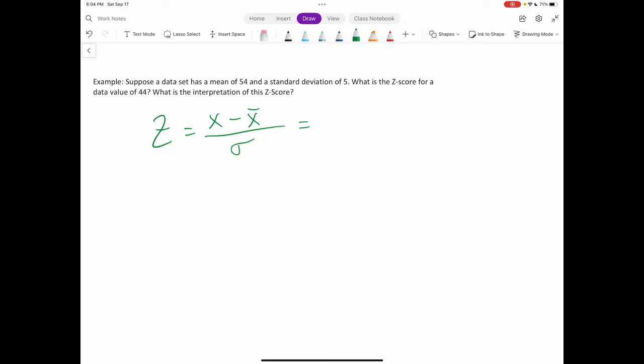So for us, that's going to be a data value of 44 minus our sample mean of 54, and we divide that by the standard deviation, which they told us was 5. So this will give us 44 minus 54, that is a negative 10 over 5, which gives us a negative 2.